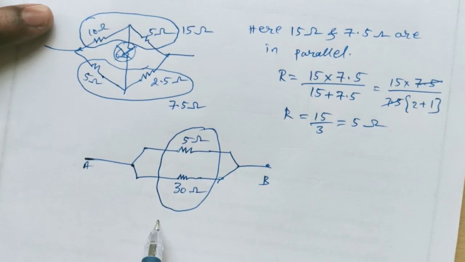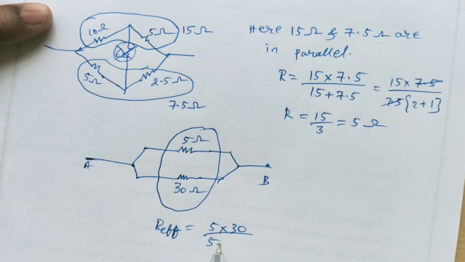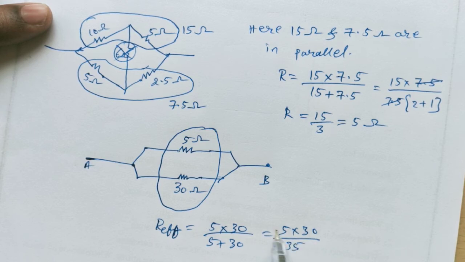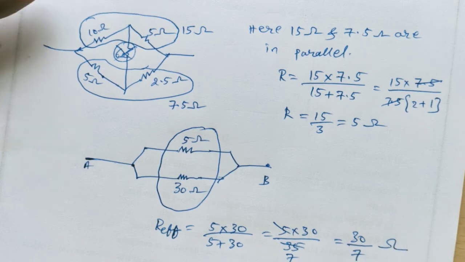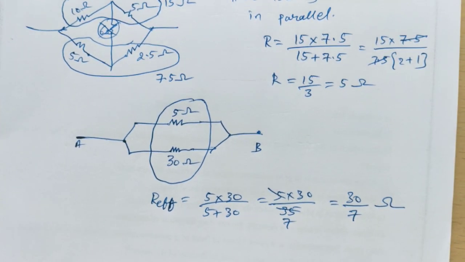So R effective is equal to, when both are in parallel, 5 into 30 by 5 plus 30. So 5 into 30 divided by 35. The 5 and 35 cancel, answer becomes 30 by 7 ohms. For this problem, 30 by 7 ohms is the solution for us.